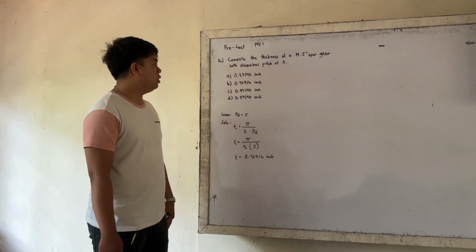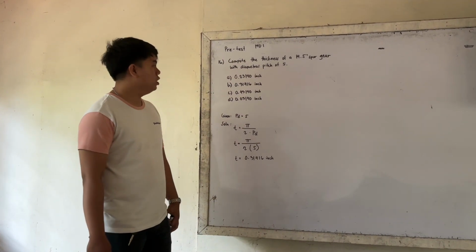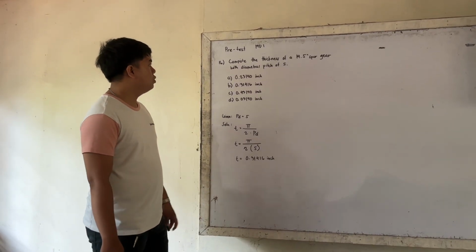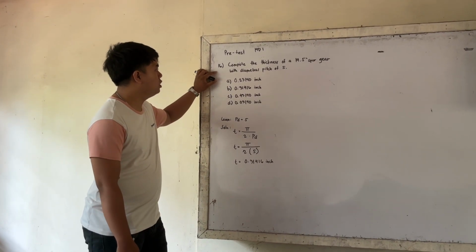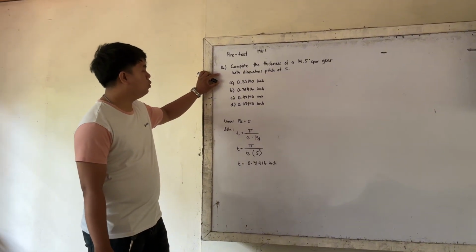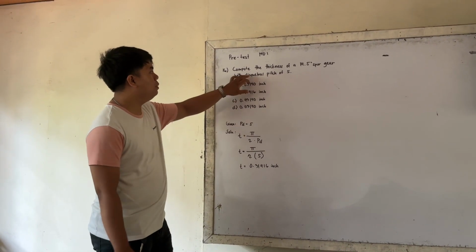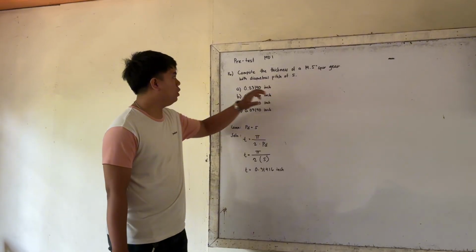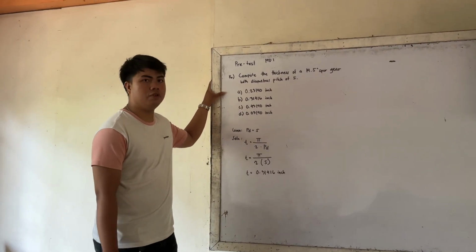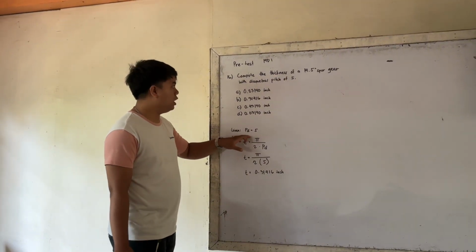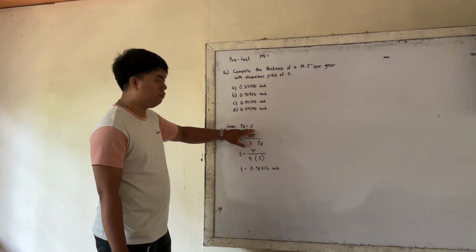And D is equal to 0.03140 inches. So to solve this, since we have a given of diameter pitch of 5 and we are going to solve for the thickness, so our given is the diameter pitch is equal to 5.